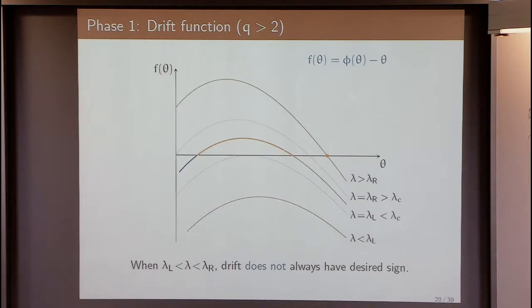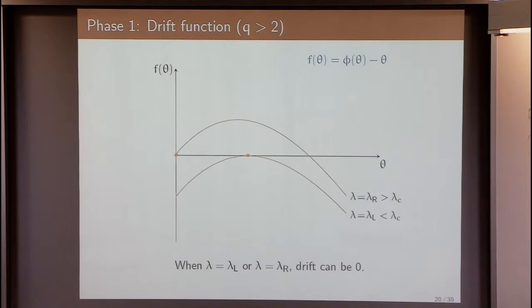What this means is that, for instance, in the subcritical case, this portion of the curve here is positive. So you are in the subcritical case, and in the stationary distribution you are not likely to have a large component, but here, in expectation, you are going to increase the size of the component. So essentially, this is what we are able to use to show that the mixing time is slow between lambda_L and lambda_R.